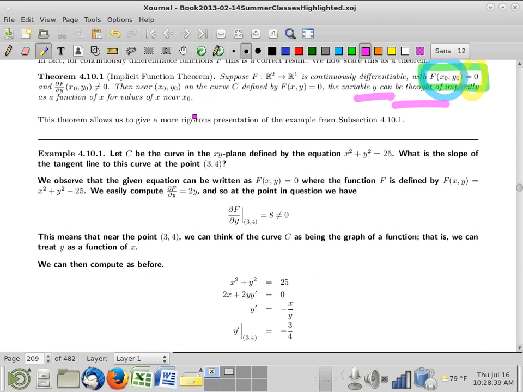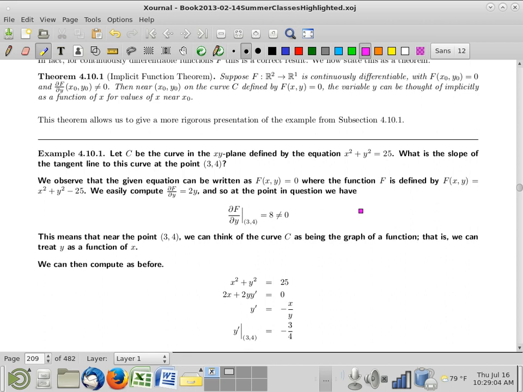This is that same question that we did in a sort of high school approach at the start of this section. Looking at that curve, I want to find the slope of the tangent line. Note, I'm not going to dive into the implicit differentiation. The first thing I'm going to do is worry about the possibility that y might be a function of x.